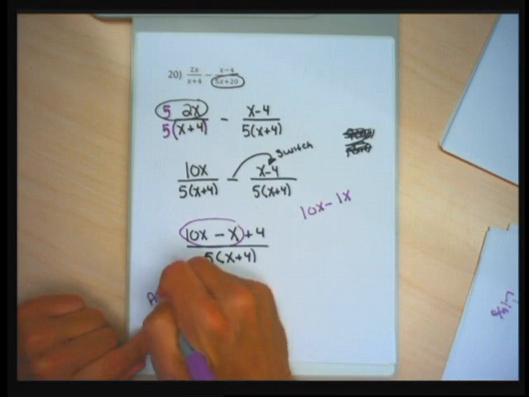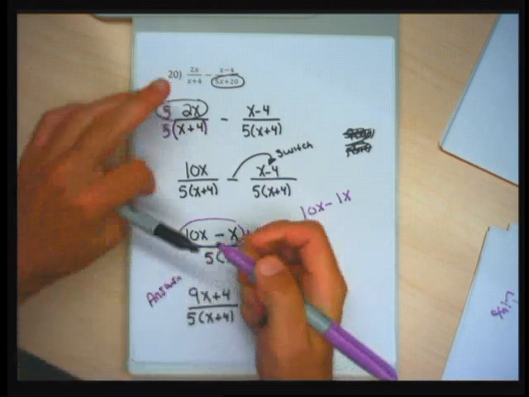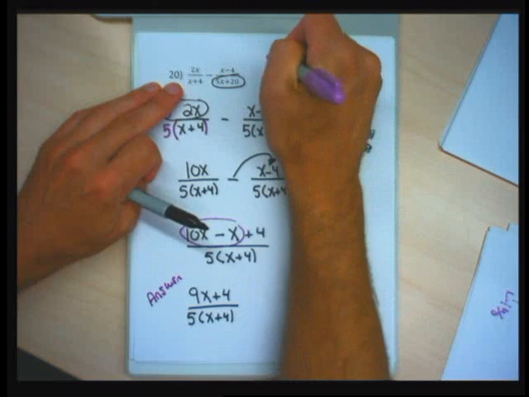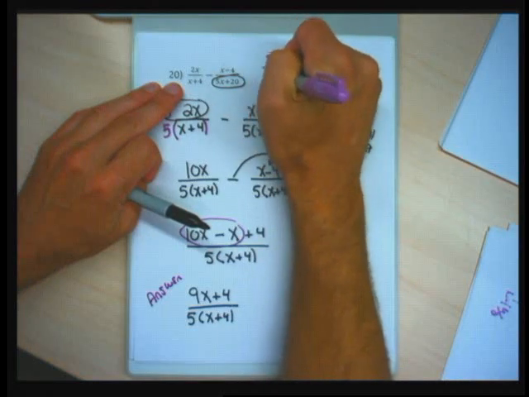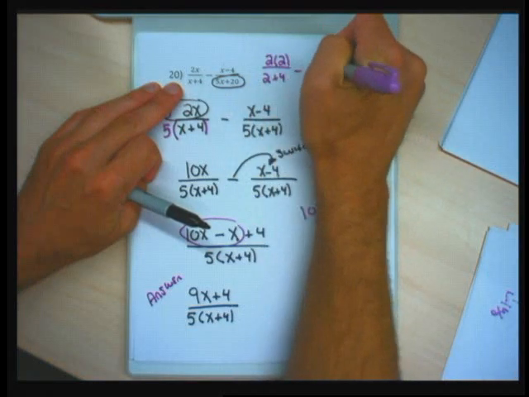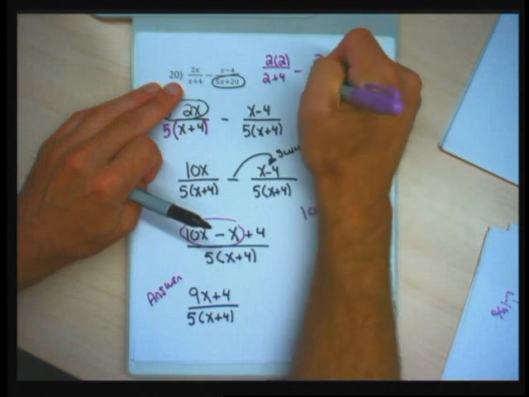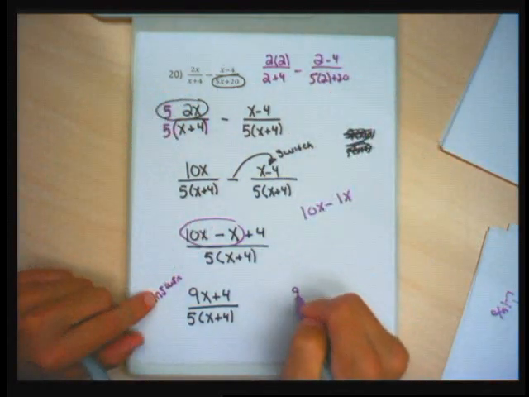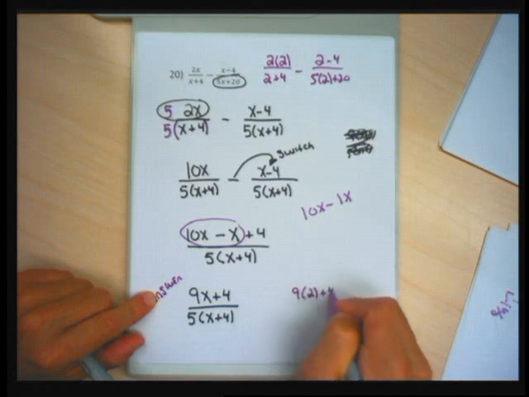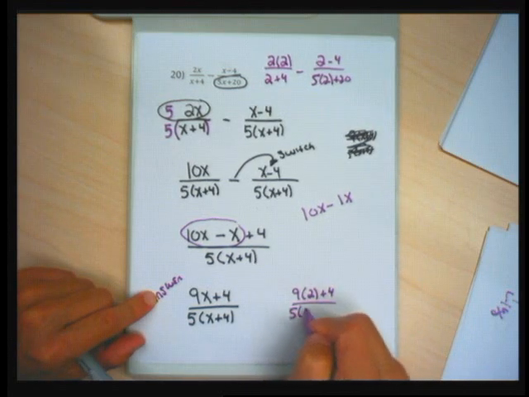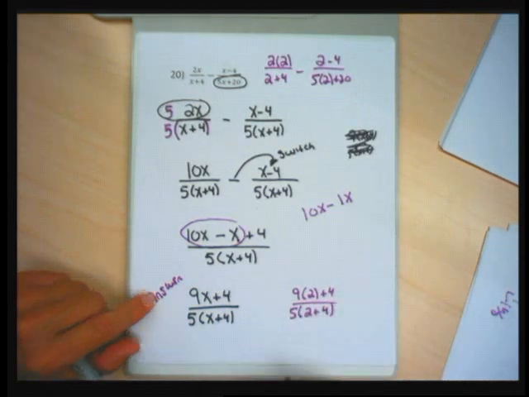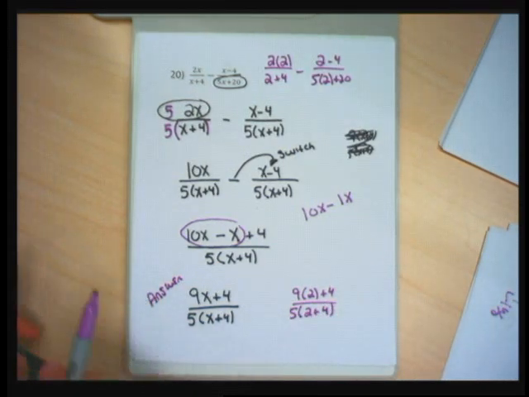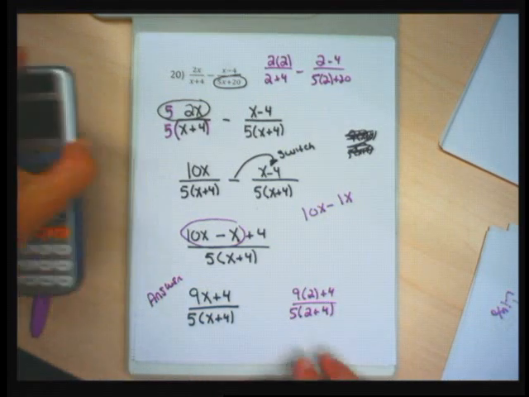I'm going to check it by plugging in 2 for the x's. So I'm going to go 2 times 2 over 2 plus 4 minus 2 minus 4 over 5 times 2 plus 20. And down here I'm going to go 9 times 2 plus 4 over 5 times 2 plus 4, or 5 times 2 plus 20, depending if you have that factored or not.